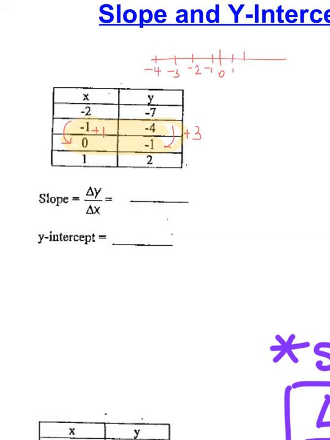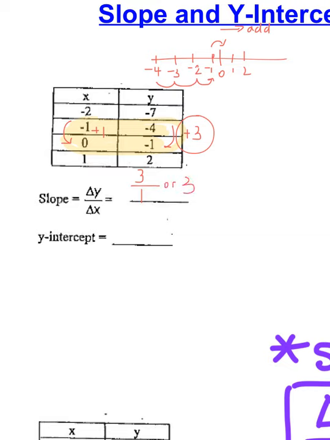So if you start at -1 to 0, when you're moving to the right, you're adding. I went 1 space, and then from -4 over here, I went 1, 2, 3 to get to -1, and I went to the right, so I added 3. Okay, now put it together, the y over the x. Make sure you're looking at the columns labeled. You can leave it as 3 over 1 or turn it into 3.